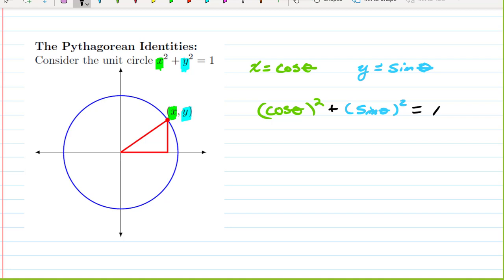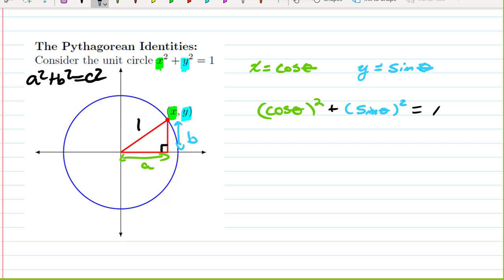The reason we call it the Pythagorean identity is if we look at this triangle that we have right here, the Pythagorean theorem is a squared plus b squared equals c squared, but we're on a unit circle, so we know its radius is 1, and if we were to call our x coordinate this side of the triangle A, and if we call this side of the triangle B, we would then have a squared plus b squared equals 1 squared, which is exactly the equation that we had here.